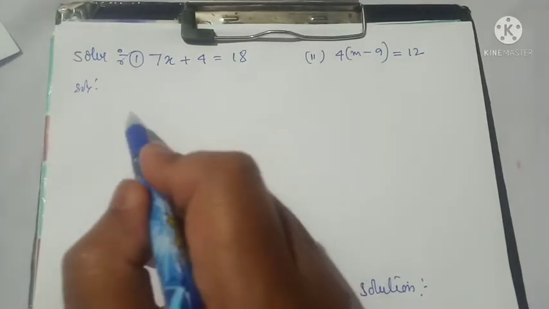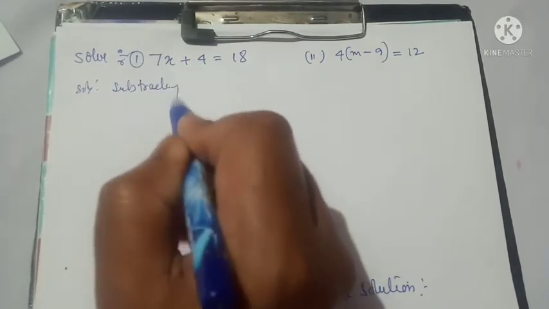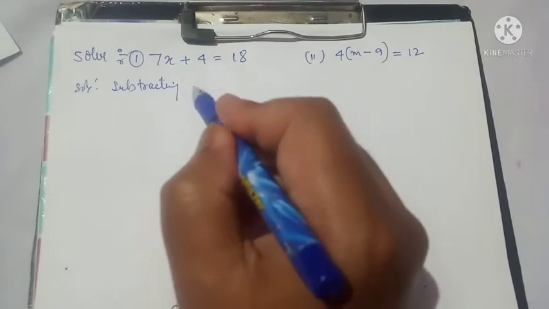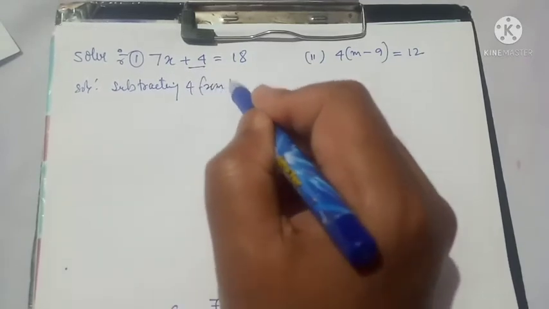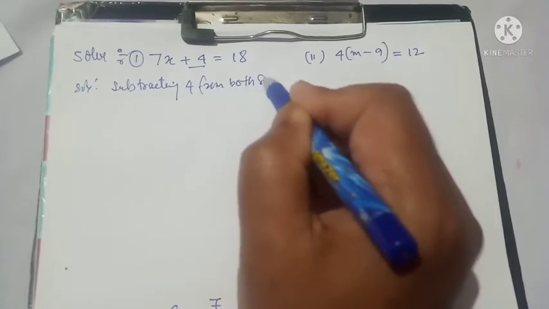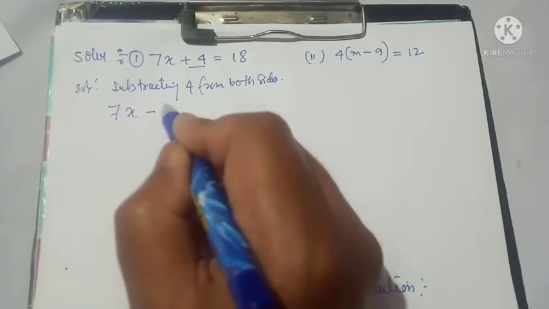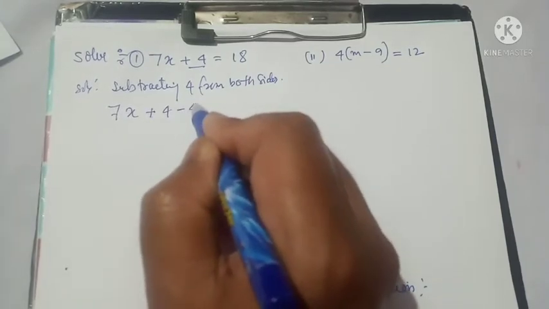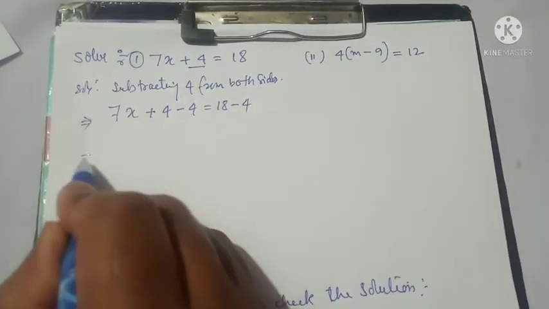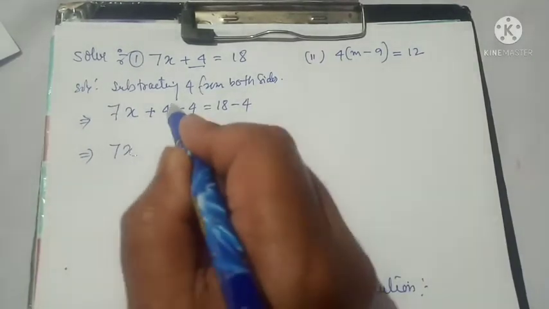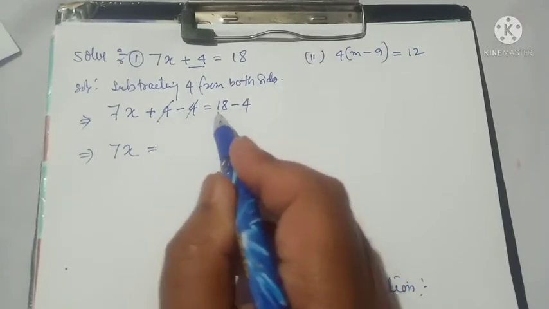So solution, subtracting 4 from both sides, it means 7x plus 4 minus 4 equal to 18 minus 4. Here comes 7x, the 4 we will cancel.